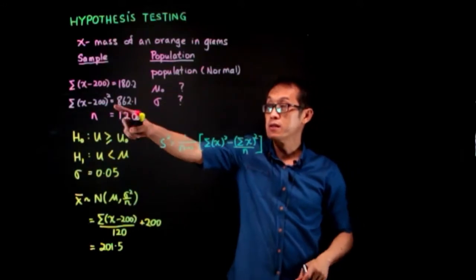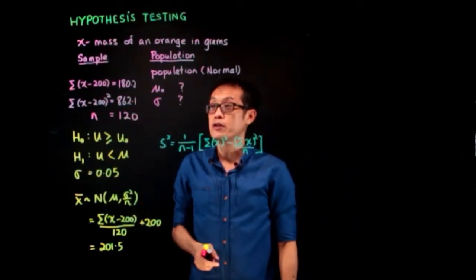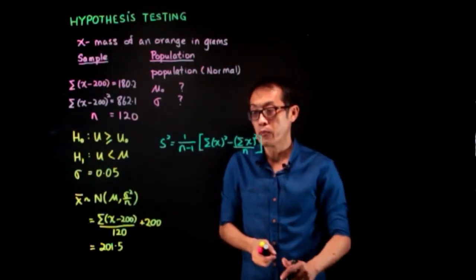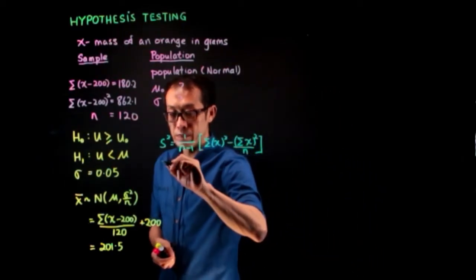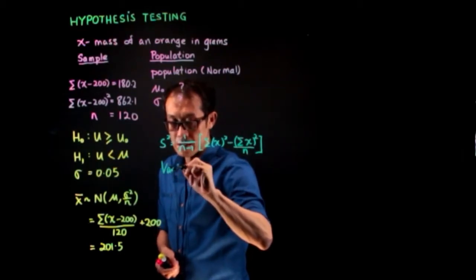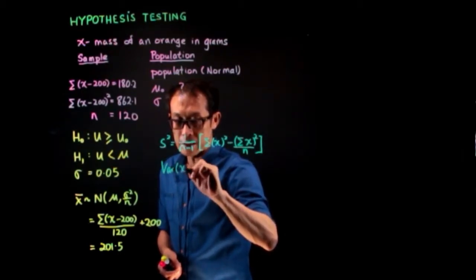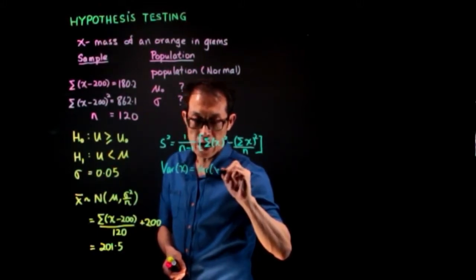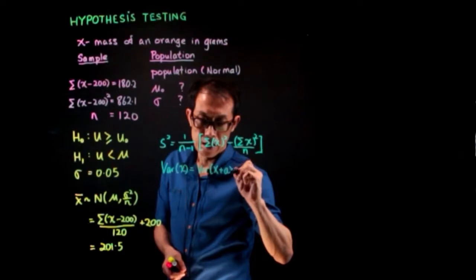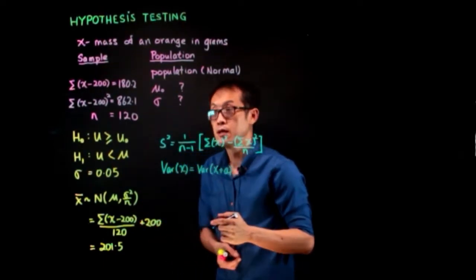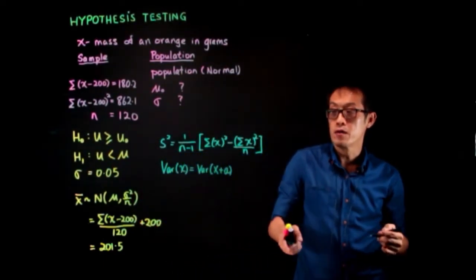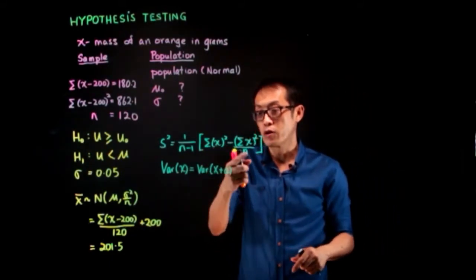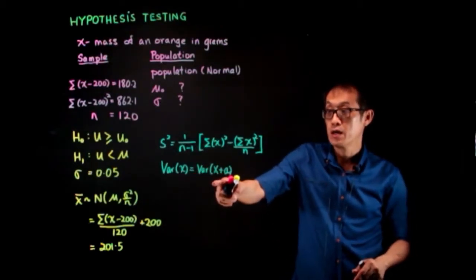Now, but we are given x minus 200 and not x. Remember this property: variance of x is equal to variance of x plus a. Because of this, you don't need to do any correction factor here.